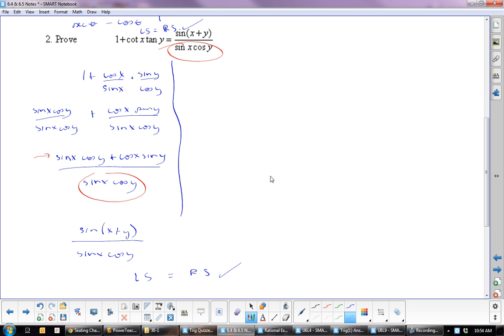No, it's not wrong. Students usually struggle with that way a little harder, but sometimes I could have stopped here, turned this one into this, all over sine x cos y, and then said left side equals right side.